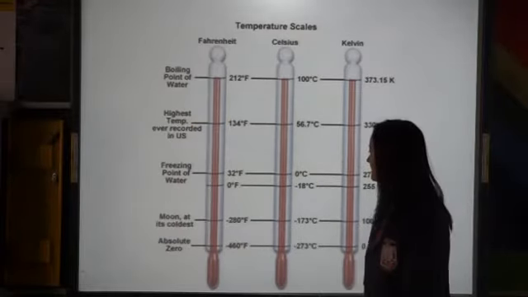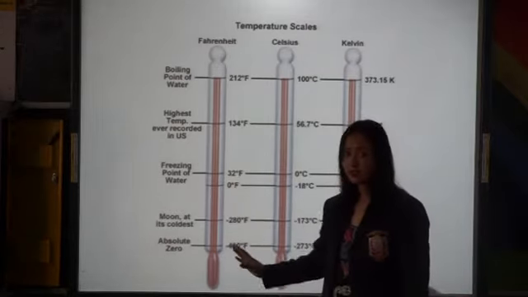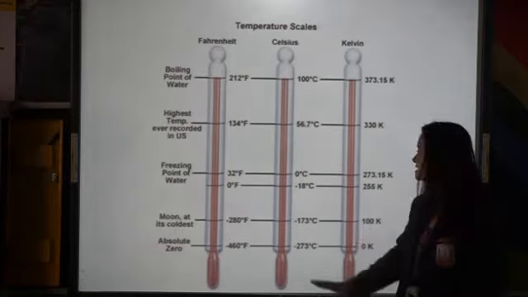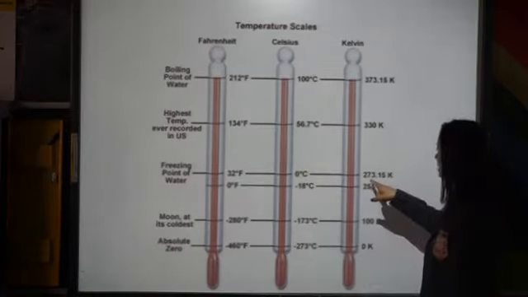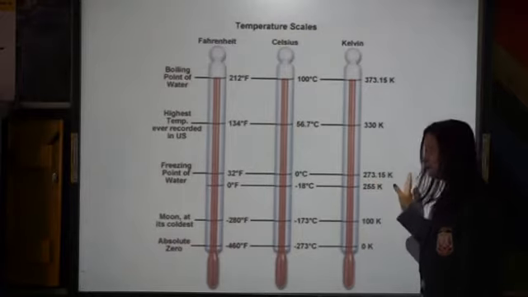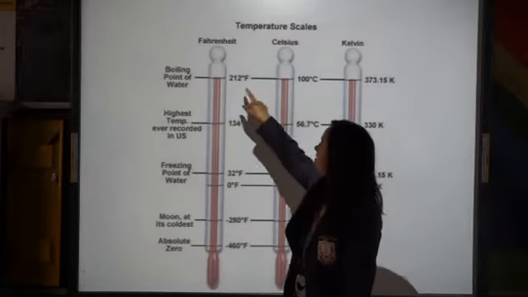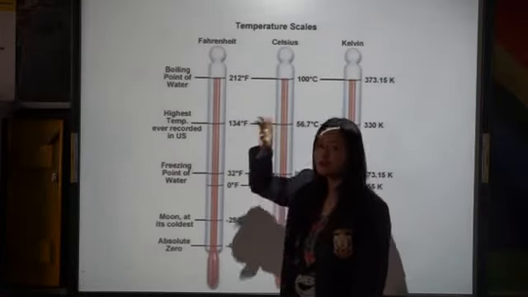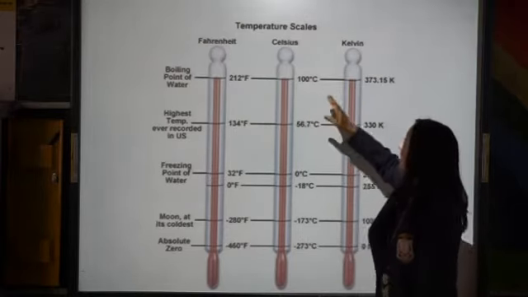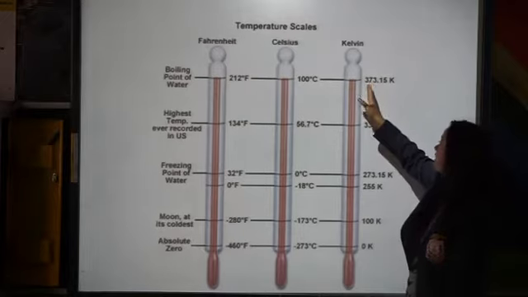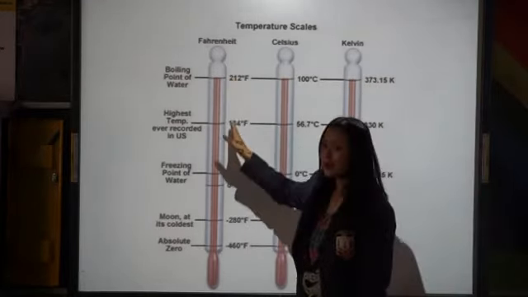When we compare them, the lowest for Fahrenheit is 32 degrees Fahrenheit. For Celsius, the lowest is 0 degrees Celsius. For Kelvin, the lowest is 273 Kelvin. The highest for Fahrenheit is 212 degrees Fahrenheit, for Celsius 100 degrees, and for Kelvin 373.